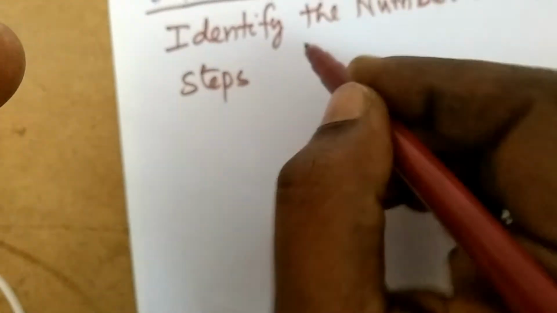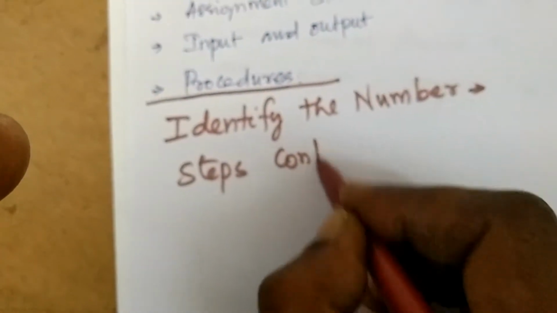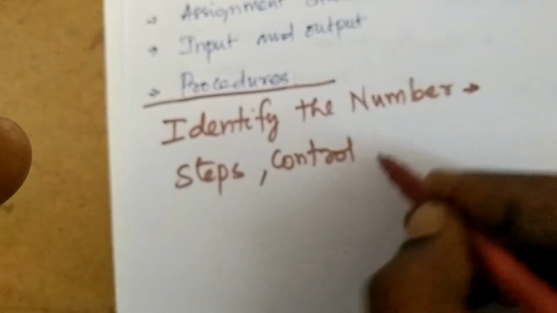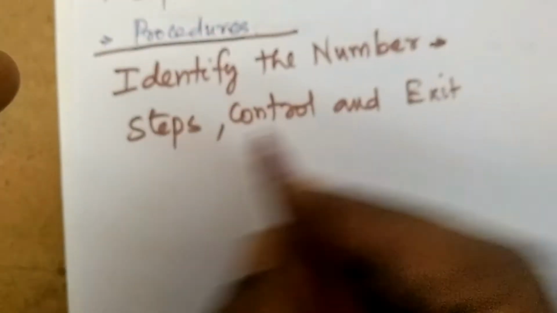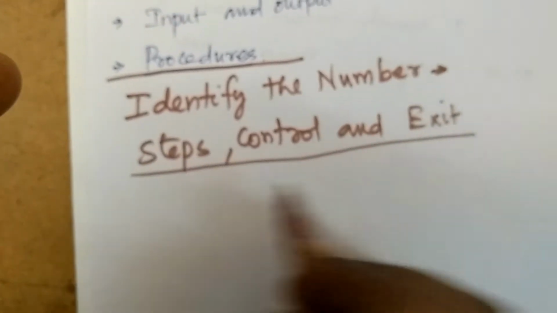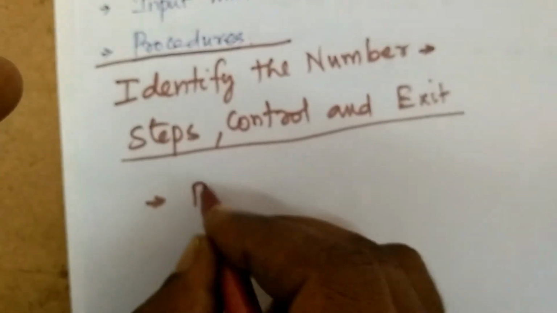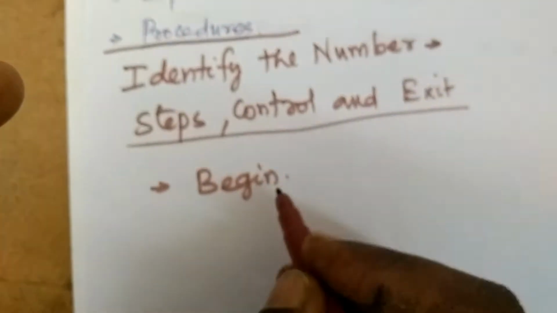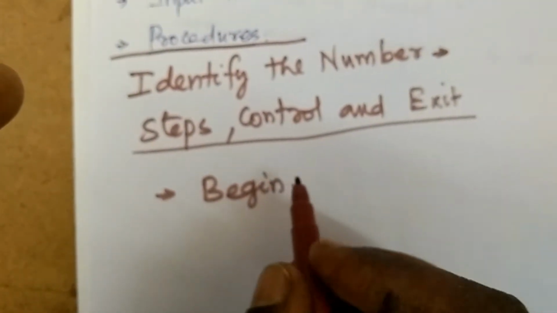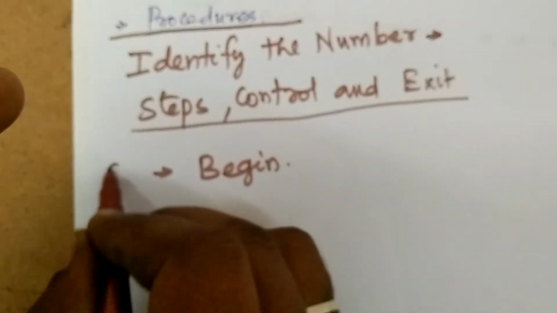Next thing is steps, control and exit. Suppose the algorithm starts with the term begin as step 1.